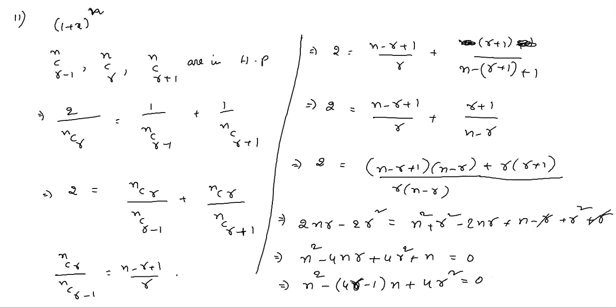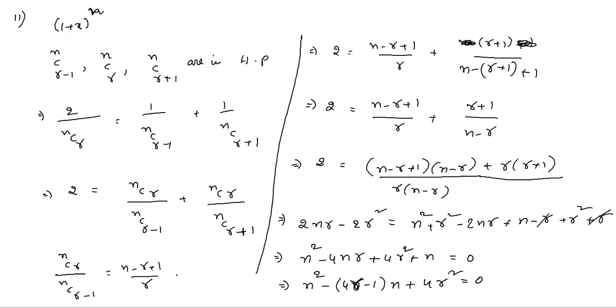We have to find the maximum value of n, so better you write in terms of r. So we get 4r square minus 4nr plus n square plus n equal to 0.